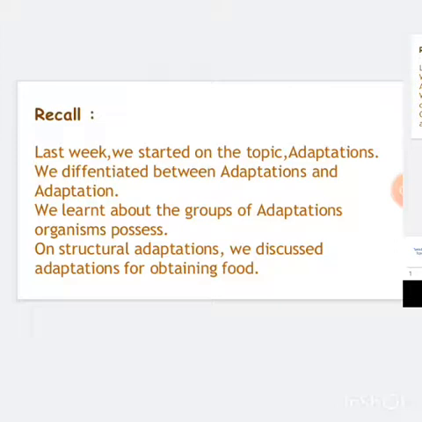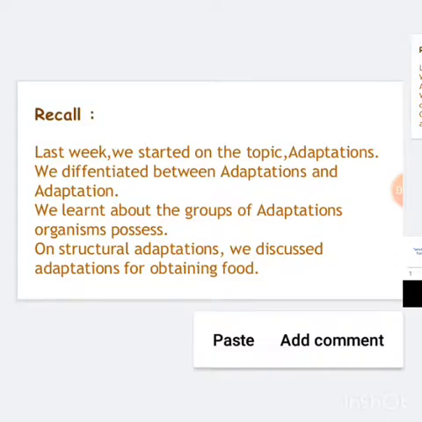We also learned about groups of adaptations that organisms possess, where we said we have three groups of adaptations: the structural adaptations, the adaptive colorations, and behavioral adaptations. Okay, so we were on structural adaptations and we mentioned some types of structural adaptations grouped under the following.